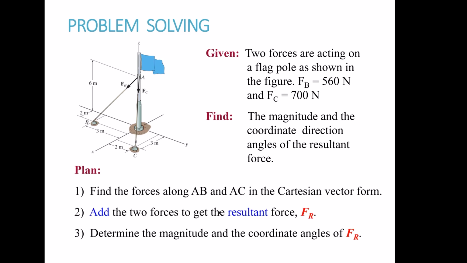So we find the forces along AB and AC. We find those vectors and then add the forces to get the resultant force. We add the individual components, and then use that to find our coordinate angles, or direction cosines, for the final one.